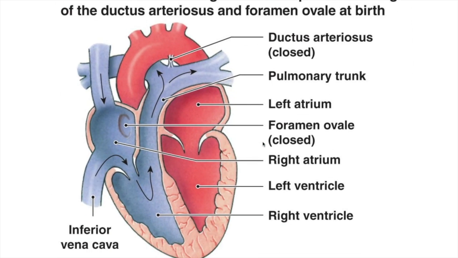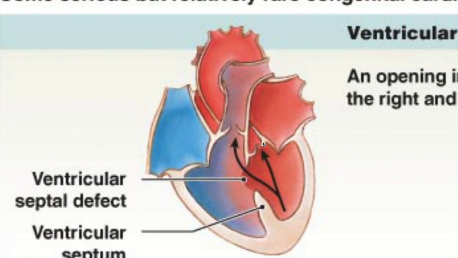With blood vessels, I wanted to talk about a couple of heart defects. This first one is a ventricular septal defect. This happens when there's a hole between the two ventricles, and then you have the oxygenated and deoxygenated blood mixing.